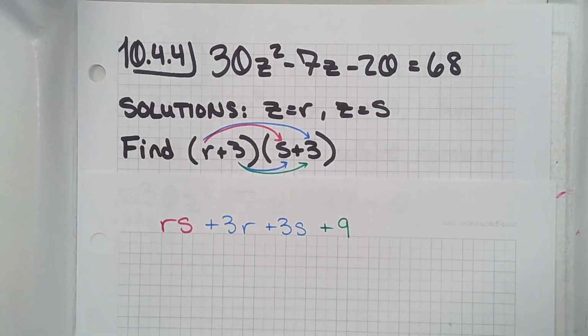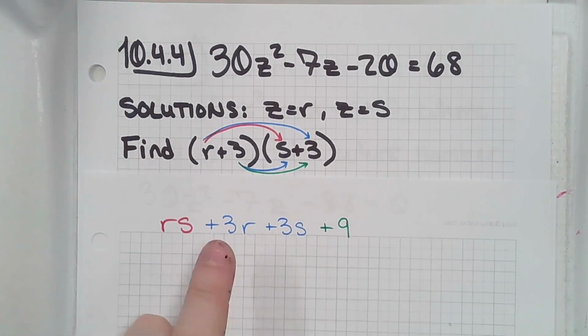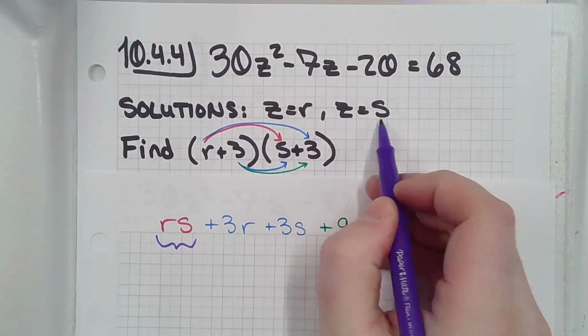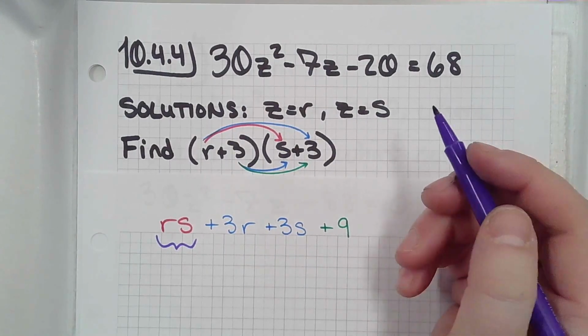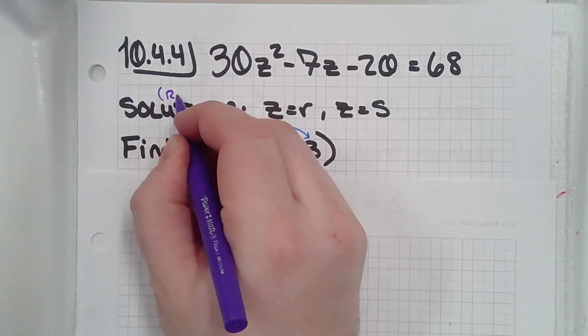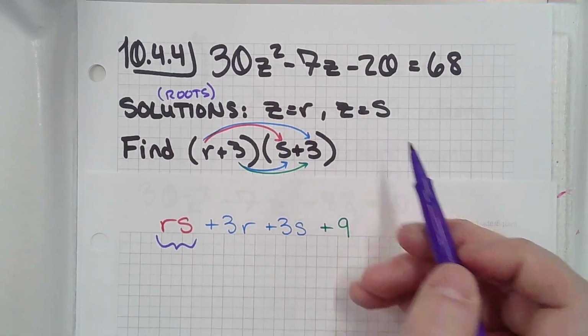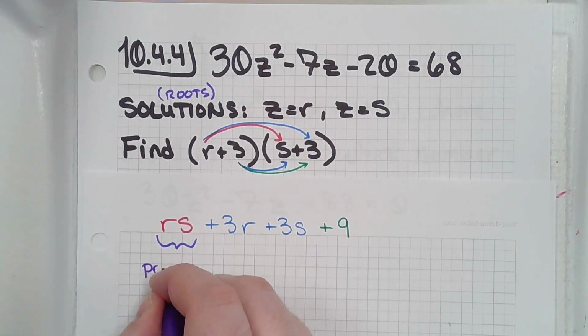However, there's something I want to point out about why this is helpful. Since R and S are our solutions, our roots, R times S is just those roots being multiplied. That's the product of our roots.